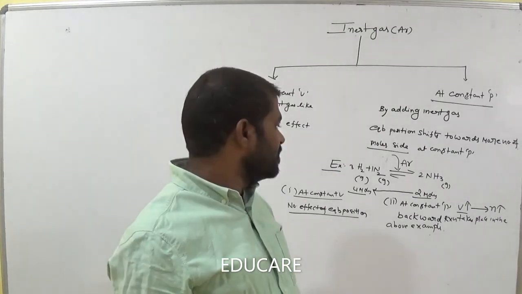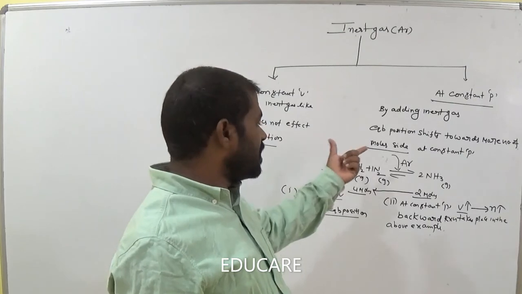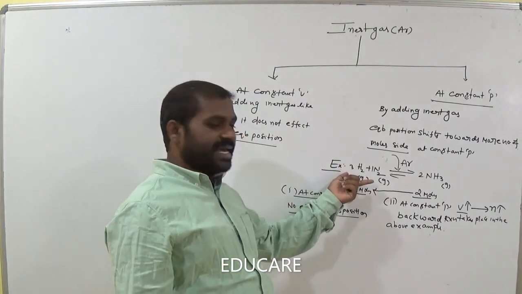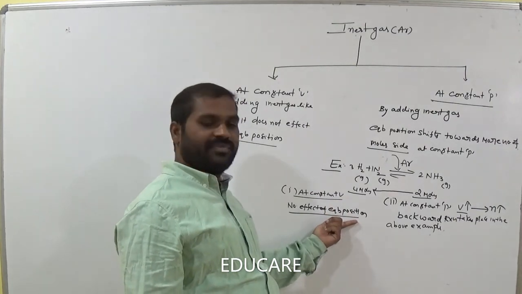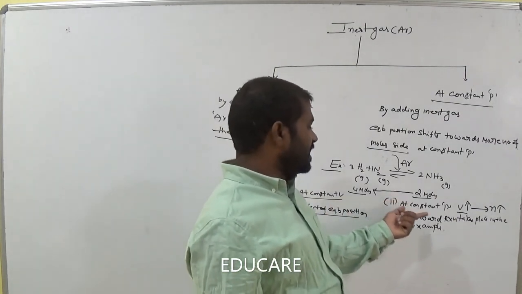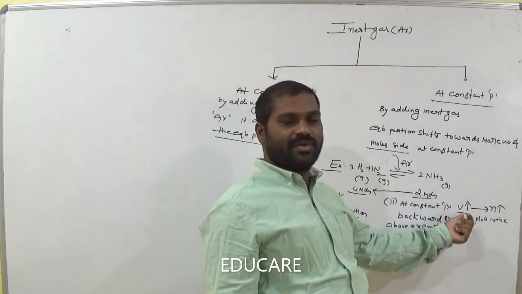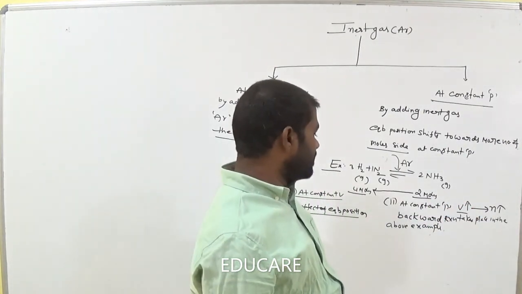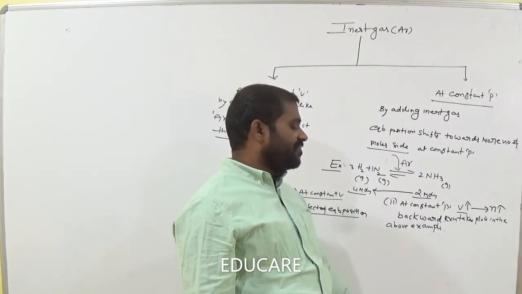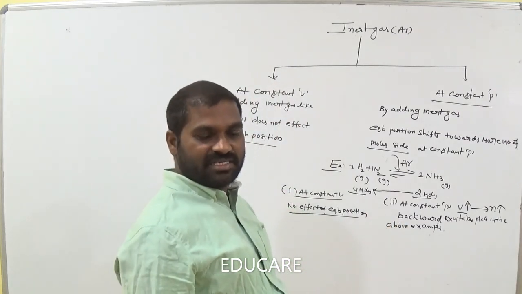Here volume increases, so the number of moles increases automatically, so it favors the backward reaction. Is it clear?